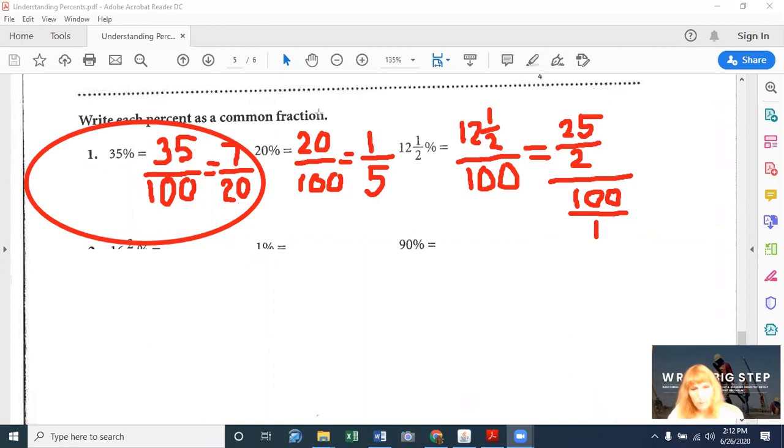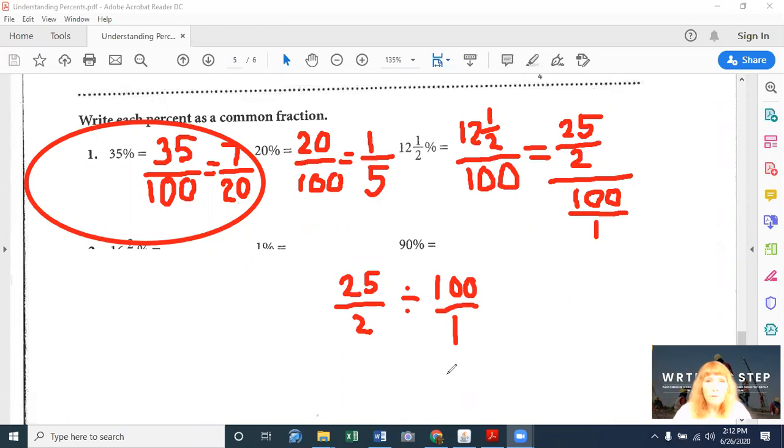So let's see what happens when I do this. So that's the same as saying I have 25 over 2 divided by 100 over 1. And then I use the keep, change, flip method when I'm dividing with fractions.